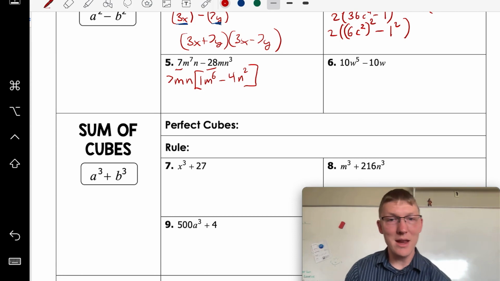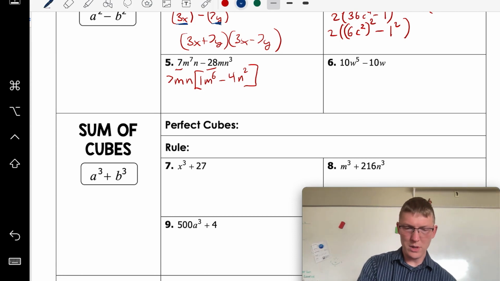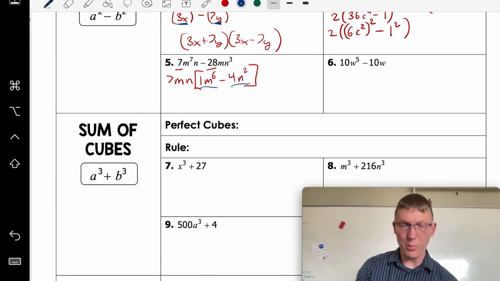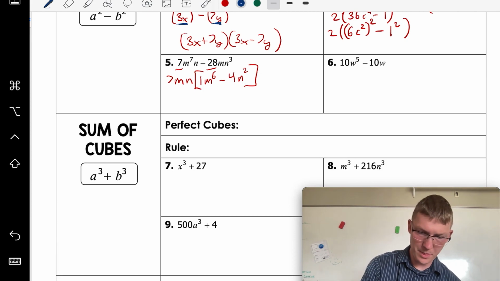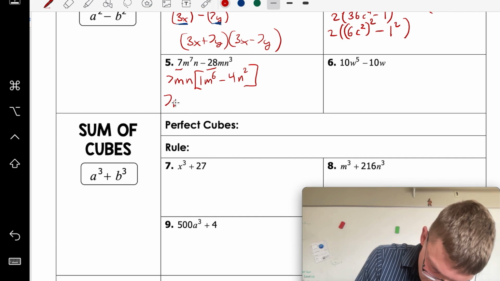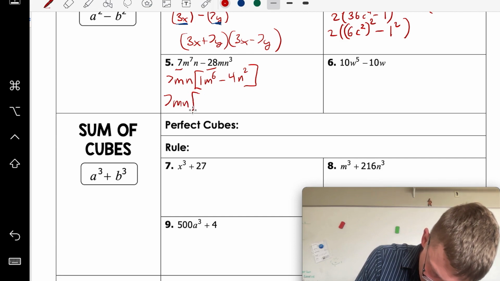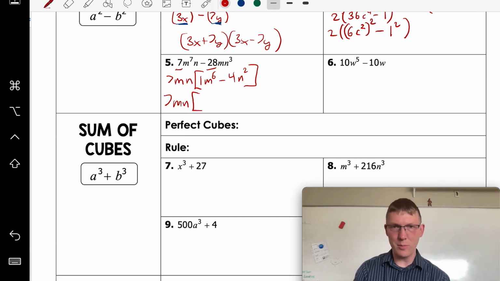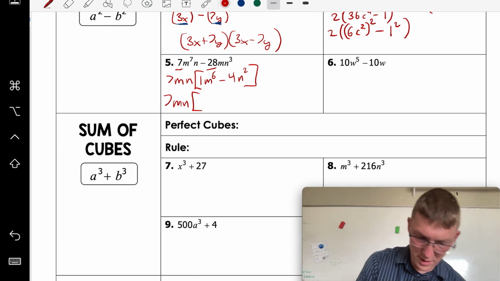So from there, that is a difference of squares. We can see this one and that one, they're both squared terms. So we're not going to lose the mn. And since I'm running low on space, I'm just going to go straight into using our formula.